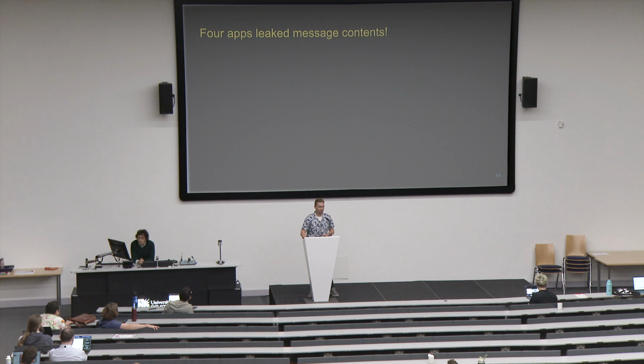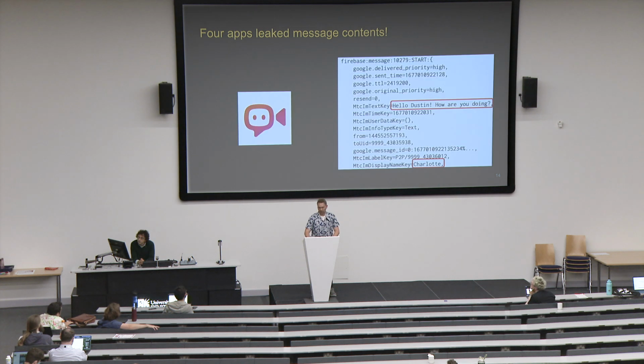However, even more alarmingly, we saw that 4 apps leaked message contents directly via push notifications. So let me give you an example. An app called Just Talk sends notification contents as well as the name of the sender directly using Firebase Cloud Messaging, which it then uses to display the message to the user in the form of a notification.